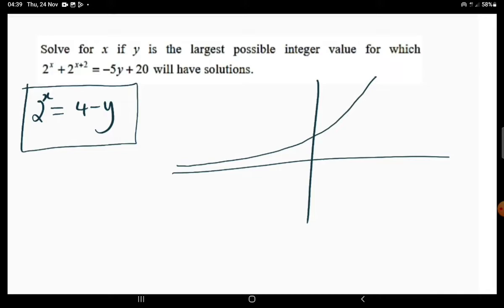Okay, well, that means we also know that 2 to the power of x can never be negative, right? And of course, starting from 1, then depending on the value of x, but 2 to the power of x is always going to be greater than 0, no matter what the value of x is.